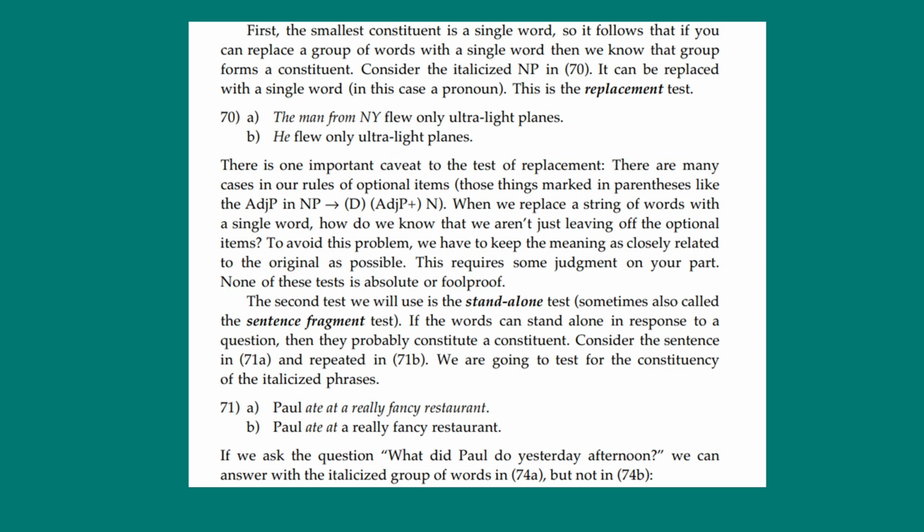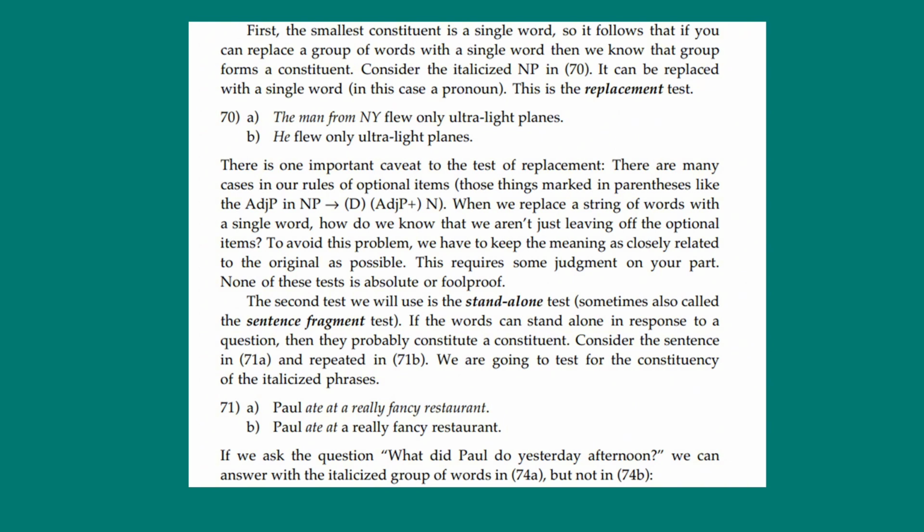The second test we'll use is the standalone test, sometimes also called the sentence fragment test. If the words can stand alone in response to a question, then they probably constitute a constituent. Consider the sentence in 74A, repeated in 74B.